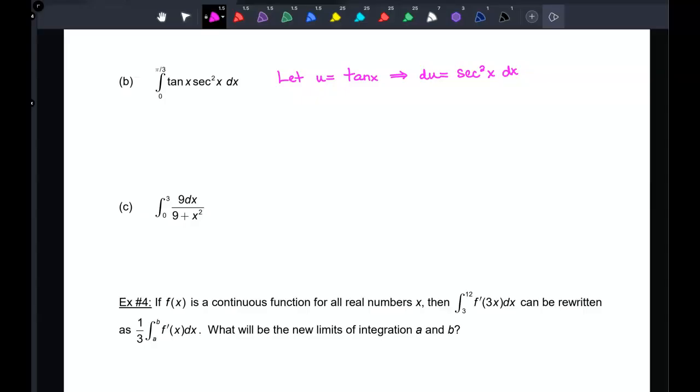Because when we do the derivative of tangent, we get secant squared. So all of that goes away, and it's just going to be du. And tangent is going to be u. So I literally have u du.